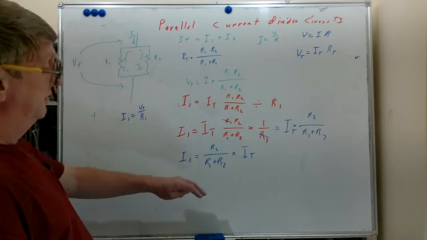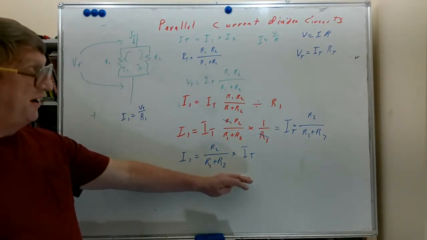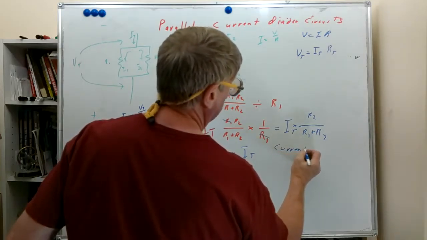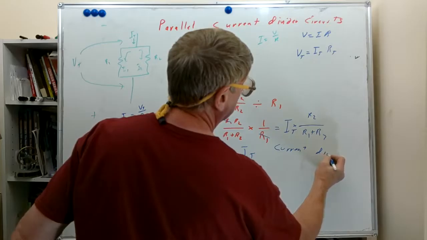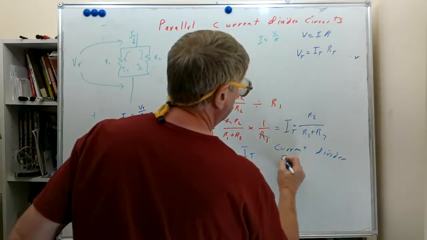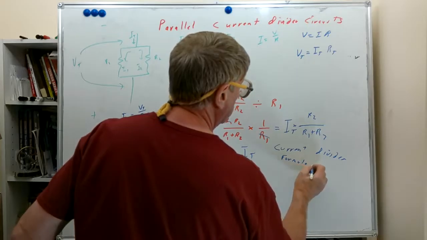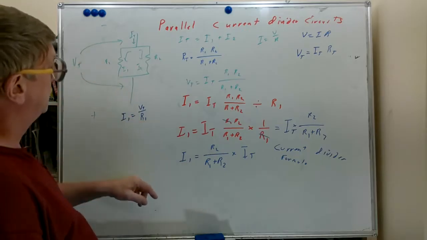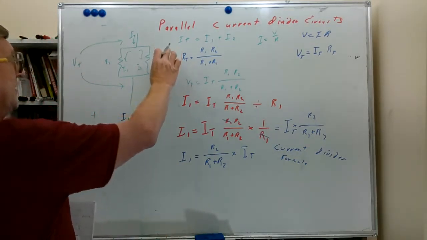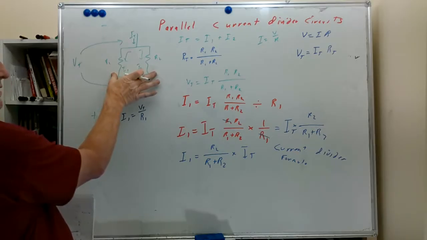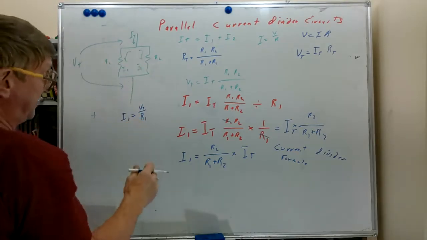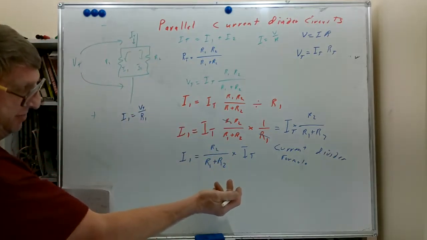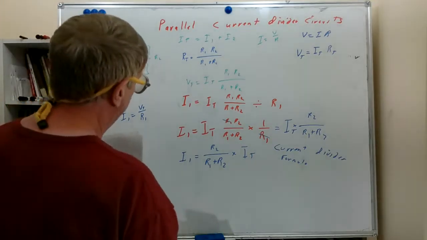So now we have what we call a current divider formula. Let's write that here. The current through this branch here is equal to the opposite resistor divided by, not the total resistance, but the sum of the two resistors, times the applied current, times the total current.